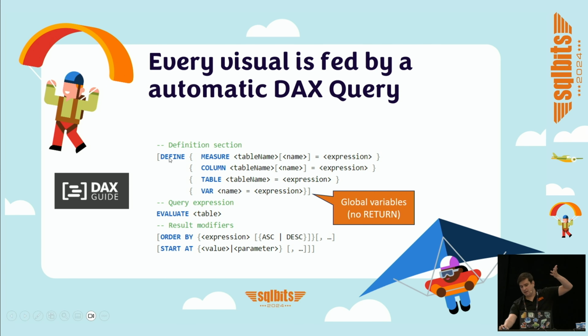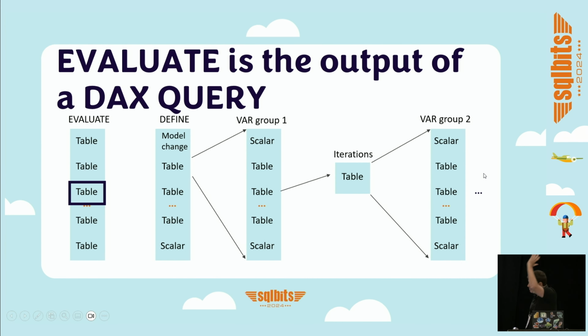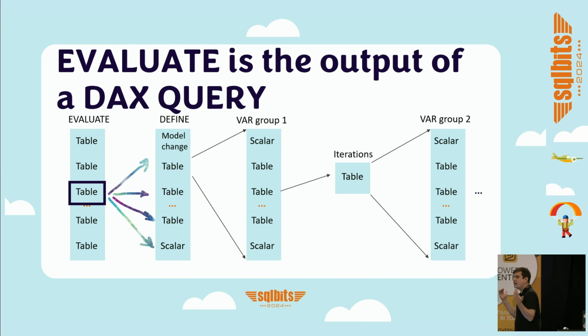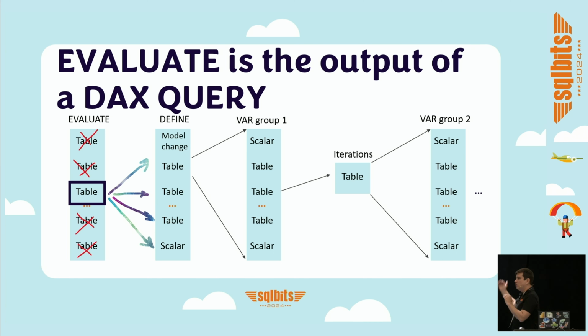I may put something in the define block, but I have to have at least one evaluate statement. I can have multiple. Whenever I have multiple evaluate statements, let's say I have 5 here, I can reference every variable that I might have declared in the define block that I call global variables. But I can't reference other siblings, other evaluate statements.